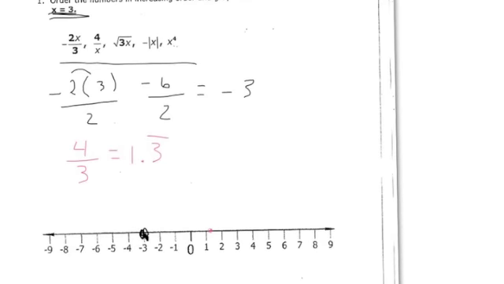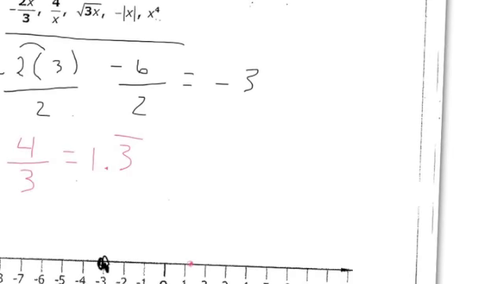Okay, next one. Let's try square root of 3x. Let's try blue this time. Instead of x, we have to put a 3. So we're going to put square root of 3 times 3, and 3 times 3 is 9.